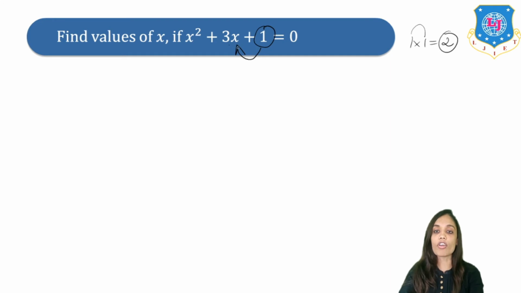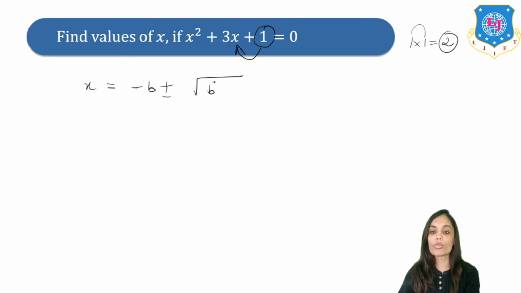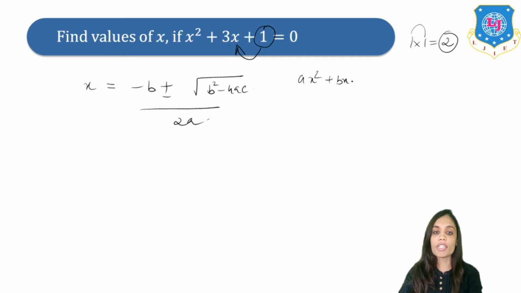So whenever we cannot factorize directly, we have to use the following formula, that is x equals minus b plus or minus under root b square minus 4ac upon 2a. Firstly, we need to find the values of a, b and c. So we will compare with ax square plus bx plus c equals 0. So our value of a is 1, b is 3 and c is 1.